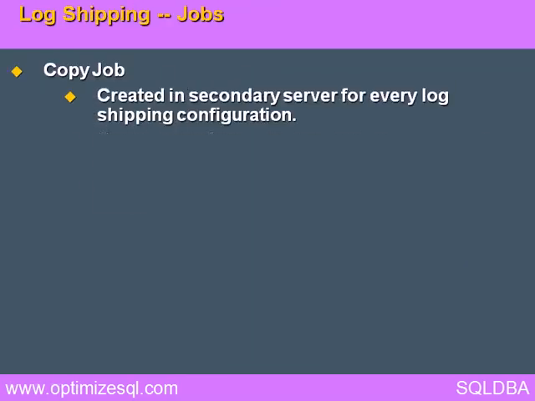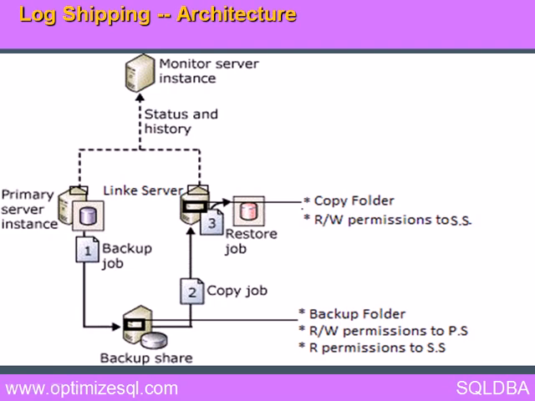We'll see configuring log shipping, after that we'll see monitoring log shipping, then monitoring and troubleshooting. But before that, see page number 4 or 5, the architecture. Note down this architecture.